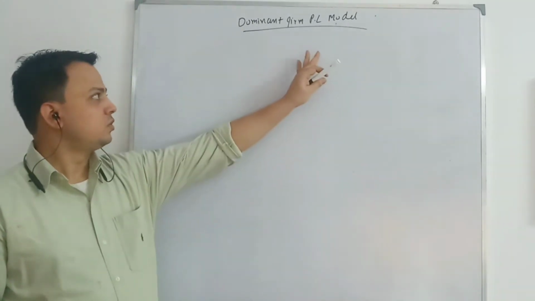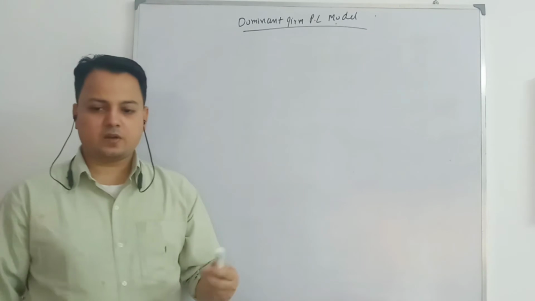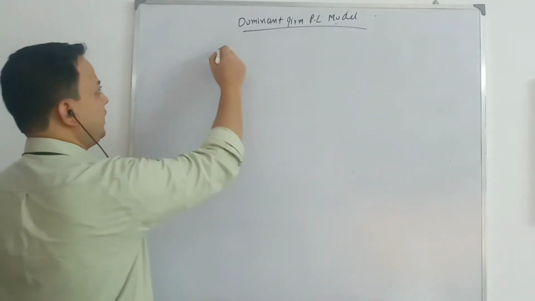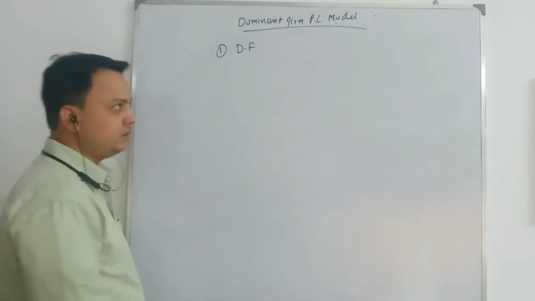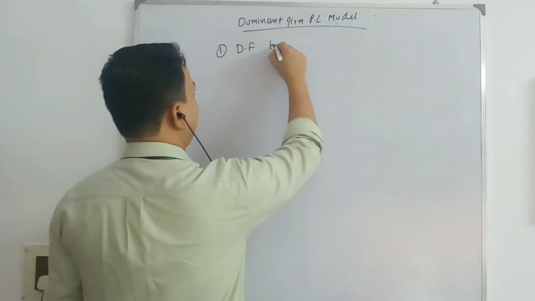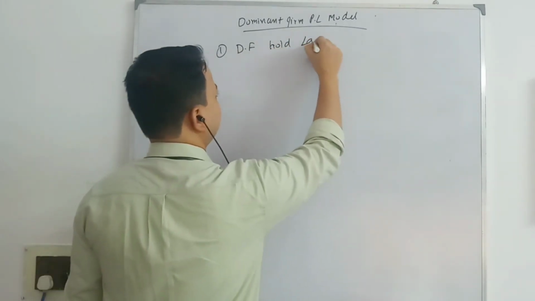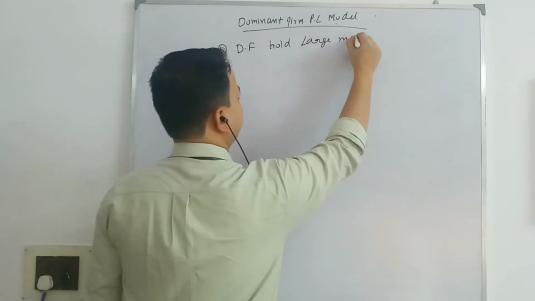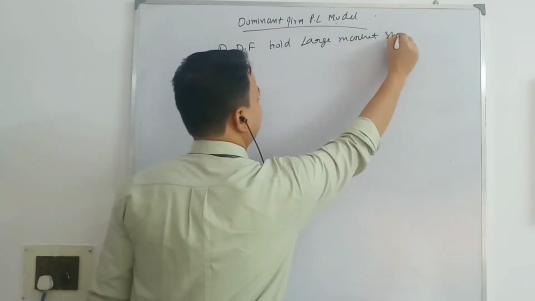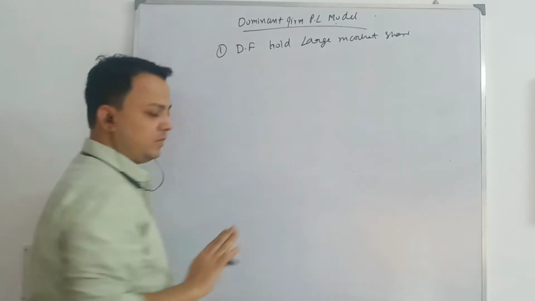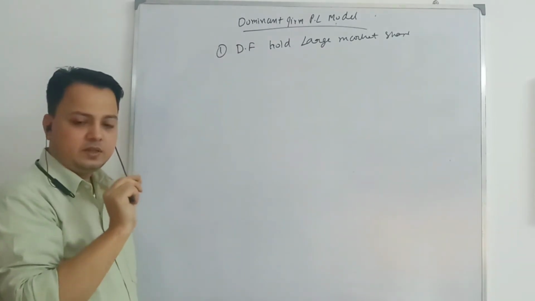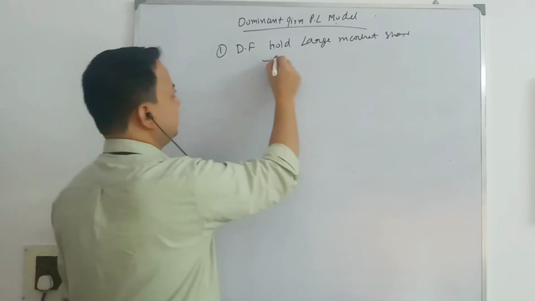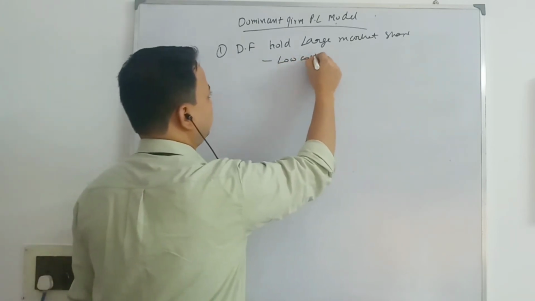The assumption that we start with is that this dominant firm, I write DF for dominant firm, holds a large market share. The implicit assumption is that this firm is a low cost firm.